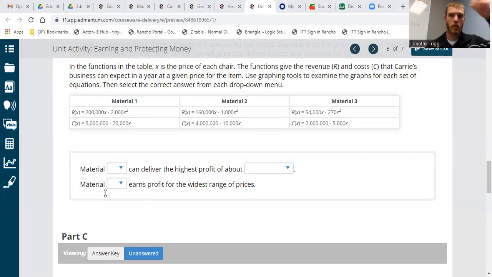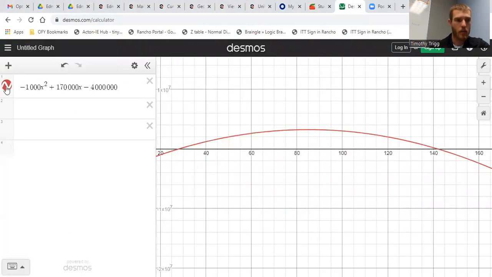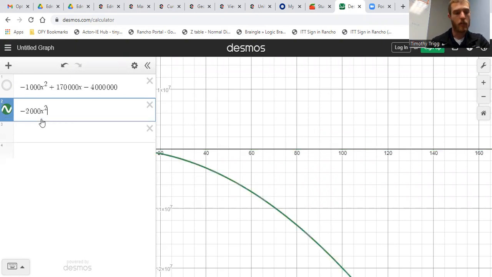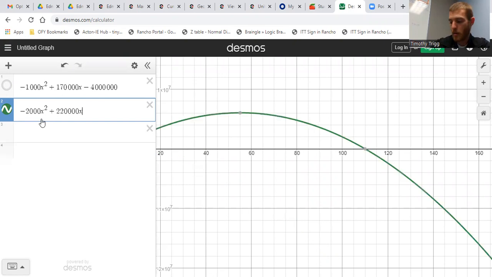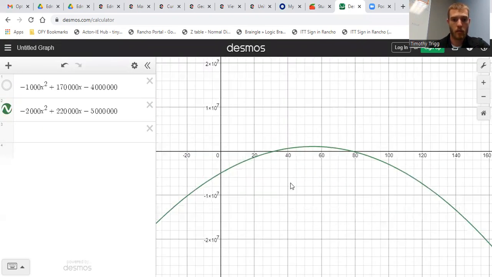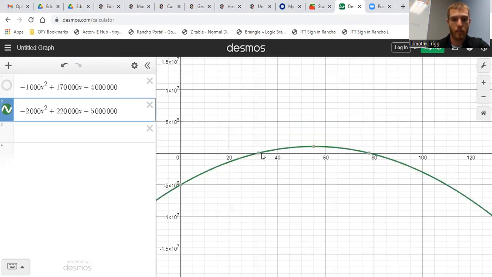Okay, so what we're going to do now is go on Desmos and put in that equation. Negative 2,000X squared. Now, if you don't have Desmos open, I suggest opening it up. So here is the equation, and here's the graph of the equation.